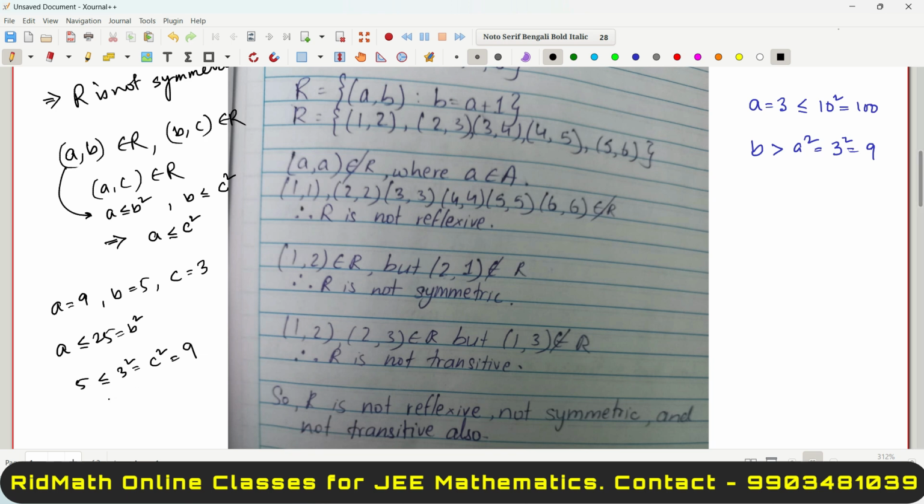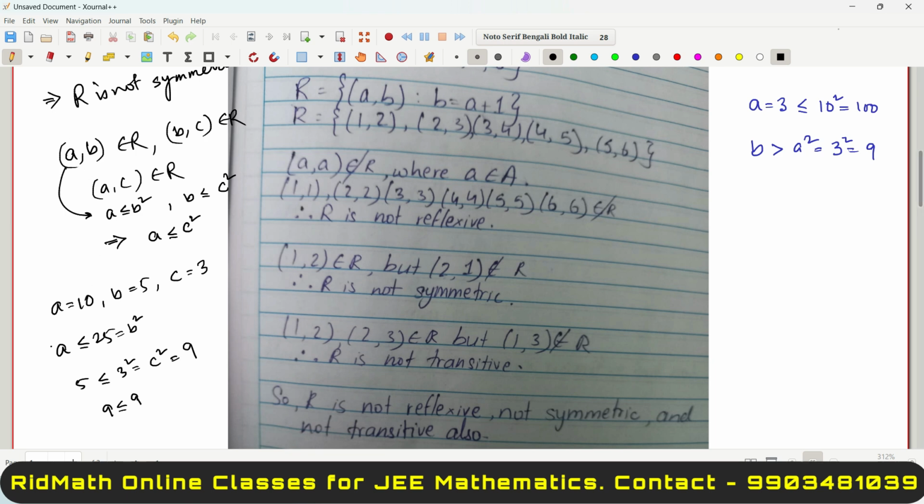Both work. Sorry, so here it is 9 is less than or equal to 9. It works. But okay, let us take 10. It will do our job.